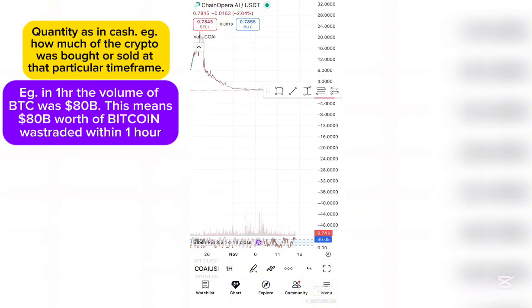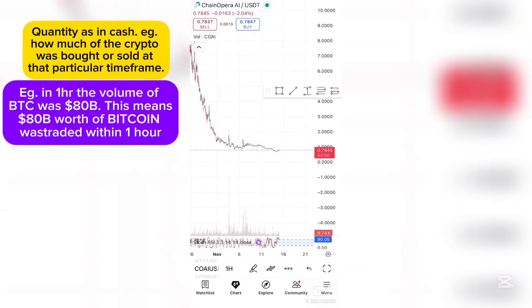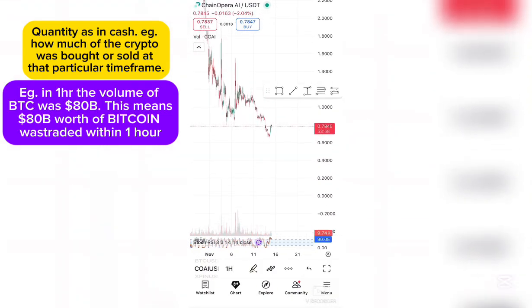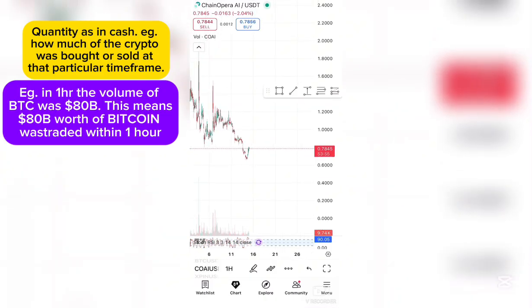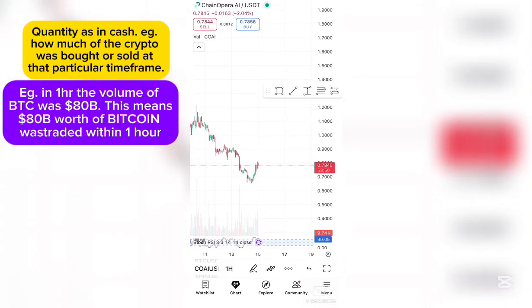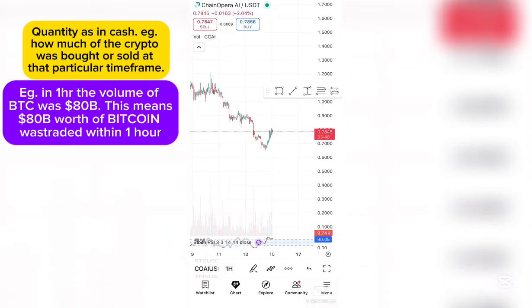Let me show you something here. Now these are candles, and I said I'll be doing videos for you to understand what candles are. But let me use this to teach you something small about volumes. Volume, as I said, lets you understand the quantity of the crypto being traded at a particular time frame, either sold or bought.